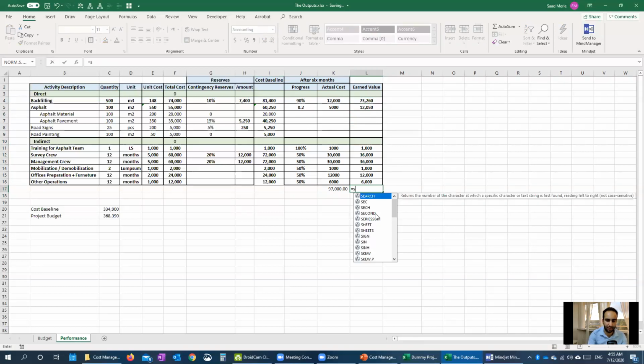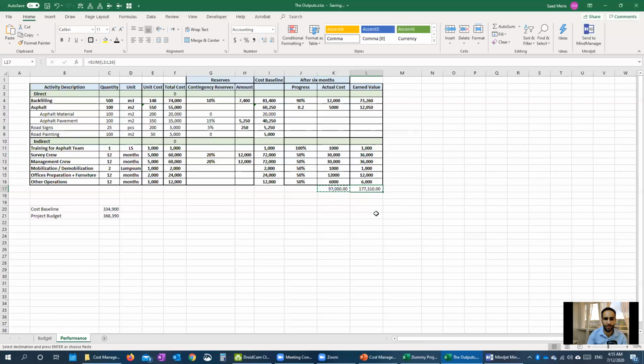So the sum of all will equal 177. This is our earned value.